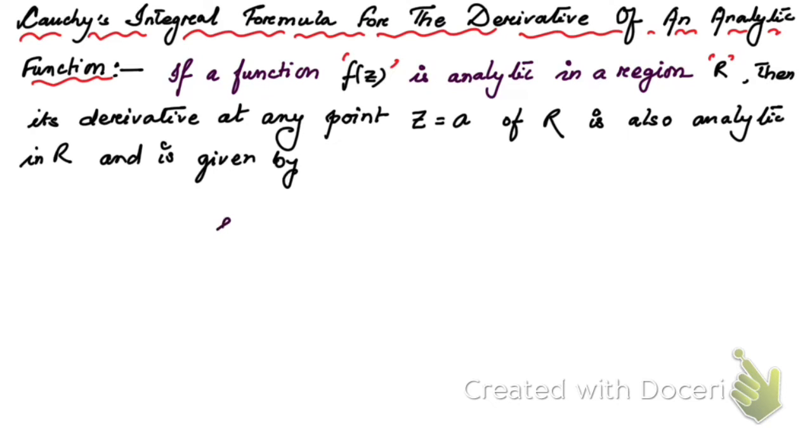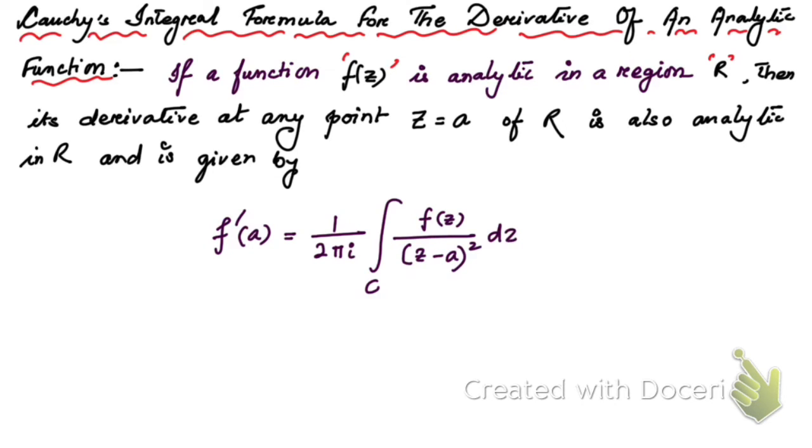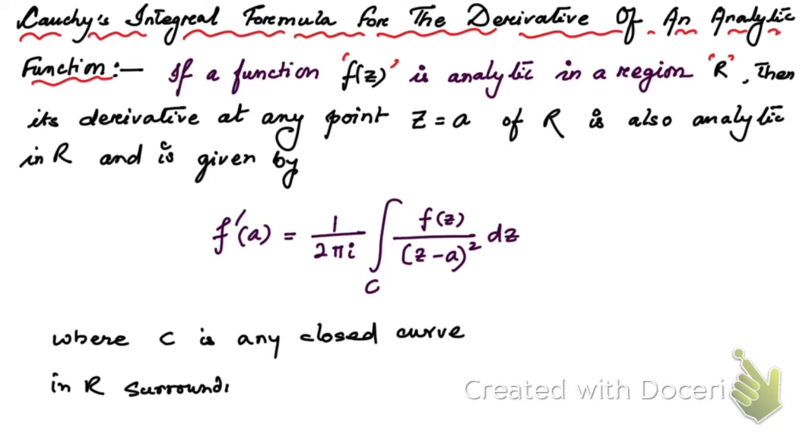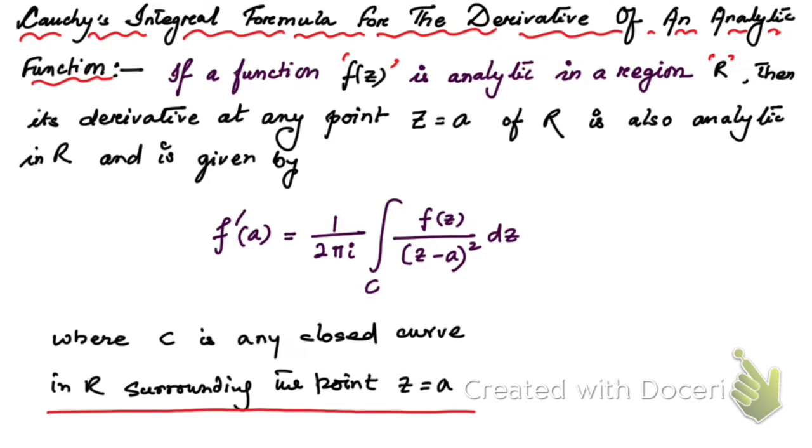The derivative of f of z at z equal to a, that is f dash a, is 1 by 2 pi i integration along C of f of z divided by (z minus a) whole square dz. Here C is any closed curve in the region R surrounding the point z equal to a.